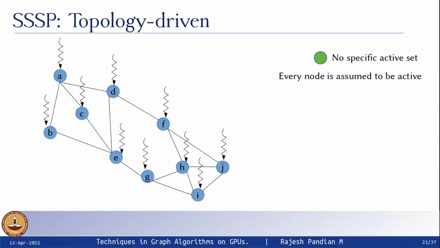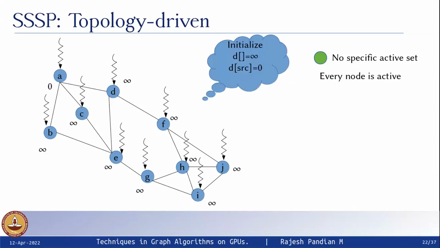In this topology driven approach, n threads are launched and the computation is performed. Just like the previous data driven approach, to initialize, the distance arrays are set to infinity except the source, which is set to 0. This can be done by launching n threads.